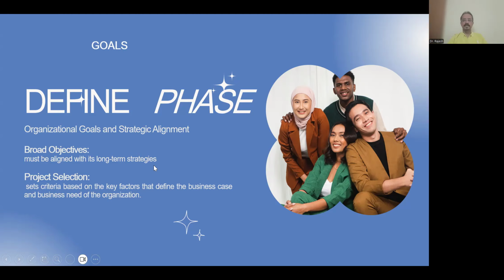The Six Sigma project is quite a lengthy one, and whatever outcome you give in the DMAIC methodology should give the solution for the long term strategy, right? And the project selection is based on the key factor criteria you are defining in your project role.